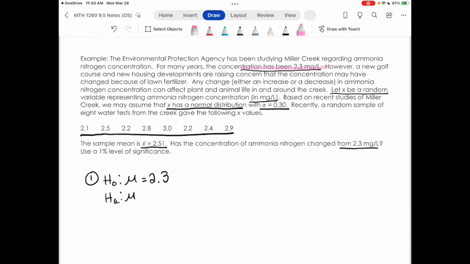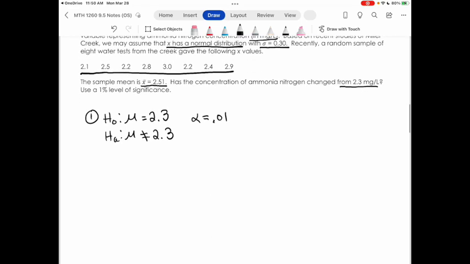So I'm going to say that mu for the null hypothesis, mu is 2.3. We need to check to see if there's either an increase or a decrease, any change. So our alternative hypothesis is that mu is not 2.3. And our level of significance is 1%, so alpha is going to be 0.01.